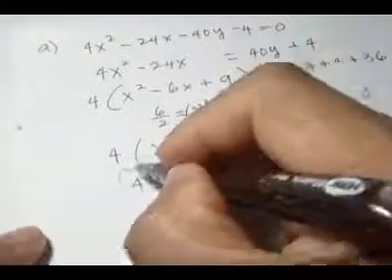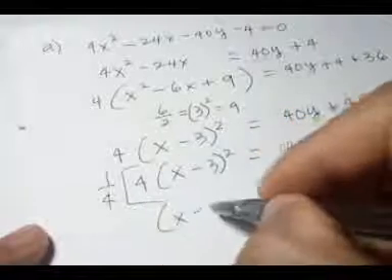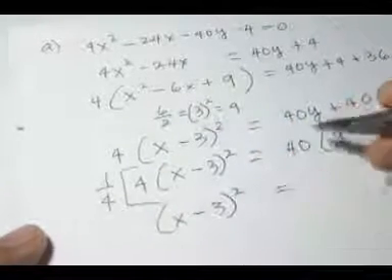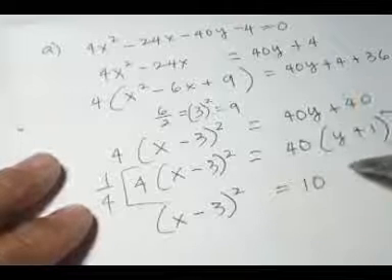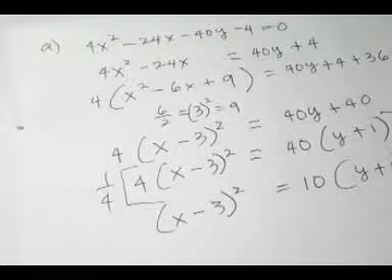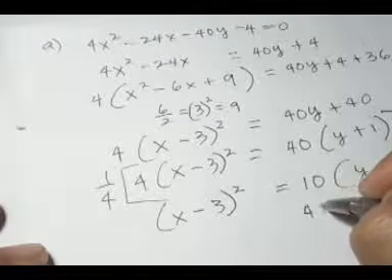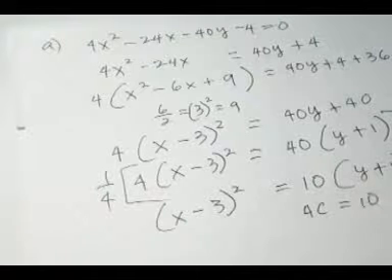Divide or multiply the whole equation by 1/4. Cancel out 4. X minus 3 squared equals 40 divided by 4 is 10, y plus 1. So our 4c is equal to 10.